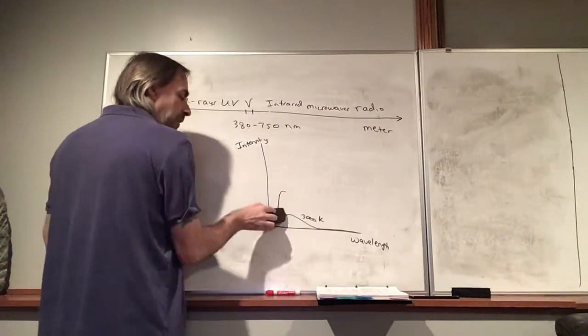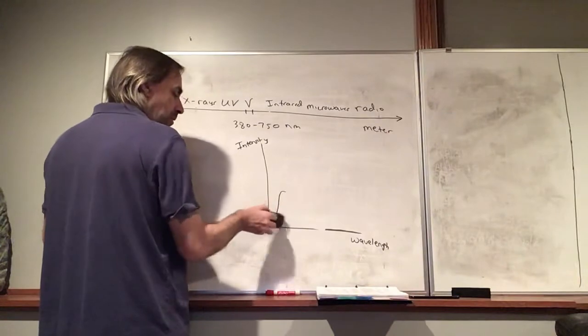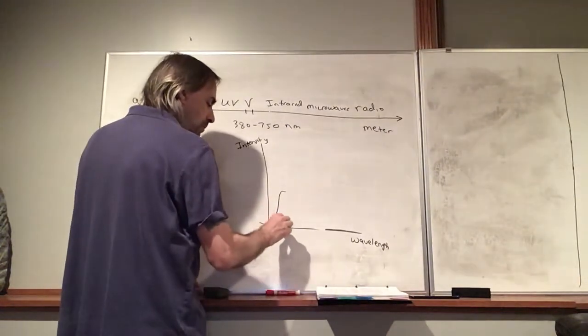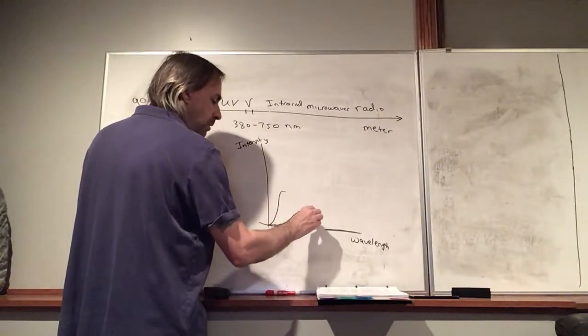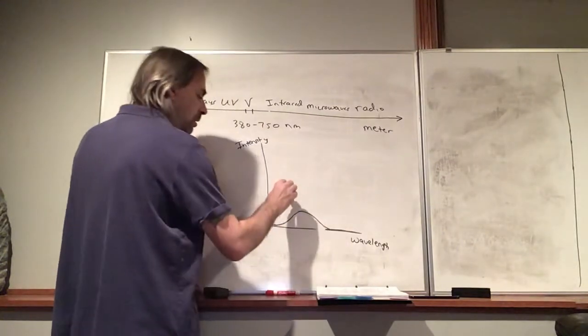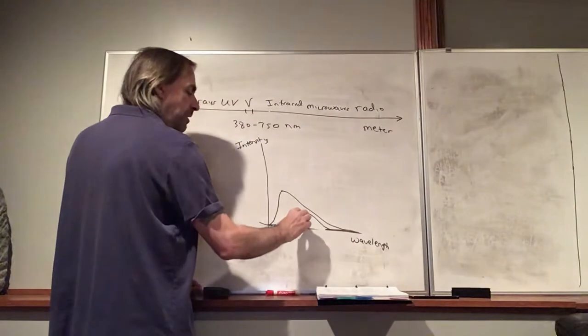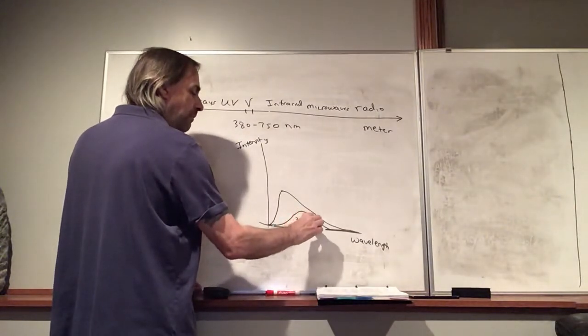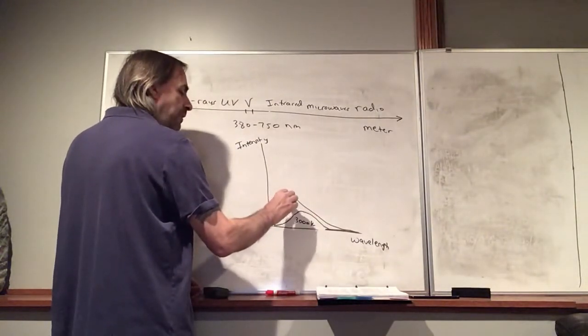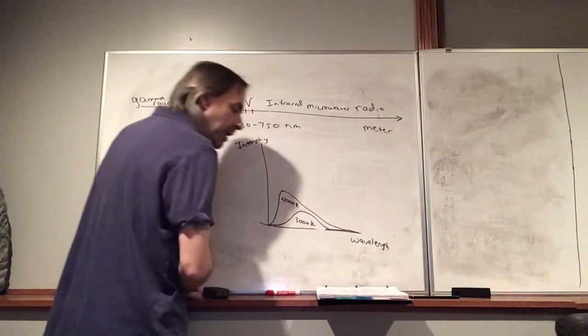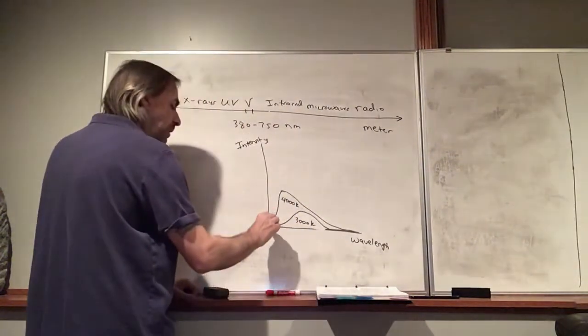Actually, I'm going to redraw this 3,000 one, just to exaggerate it a little. So this one was 3,000 Kelvin. This one is 4,000 Kelvin. And then one more, 5,000 Kelvin.